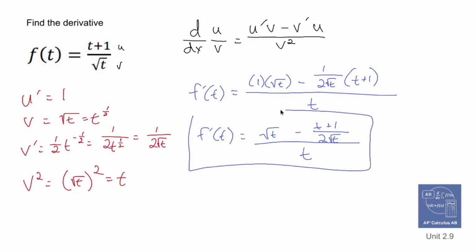There's nothing wrong with having fractions everywhere. Some teachers might not be happy with this, but I'm going to leave it. I guess what you could do is multiply the top and the bottom by 1 over t, and that would help, and then you would end up combining fractions. But I don't know if that's necessary. I'm just going to leave it like that because it's calculus and I'm allowed to. So there you have it.